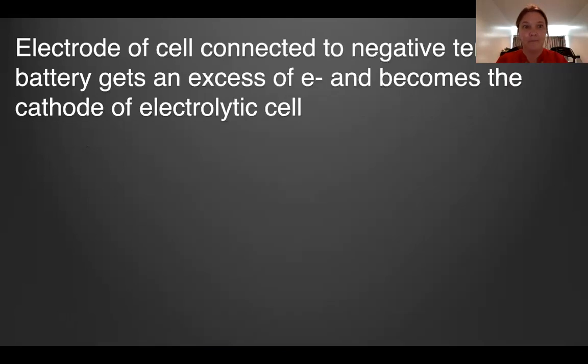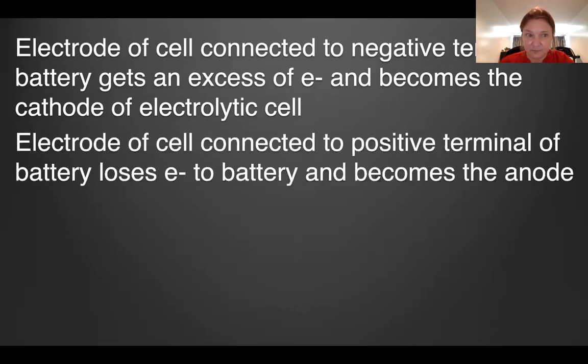Okay. The electrode of a cell connected to the negative terminal of a battery gets an excess of electrons and becomes the cathode of an electrolytic cell. The electrode of a cell connected to the positive terminal of a battery loses electrons to the battery and becomes the anode.